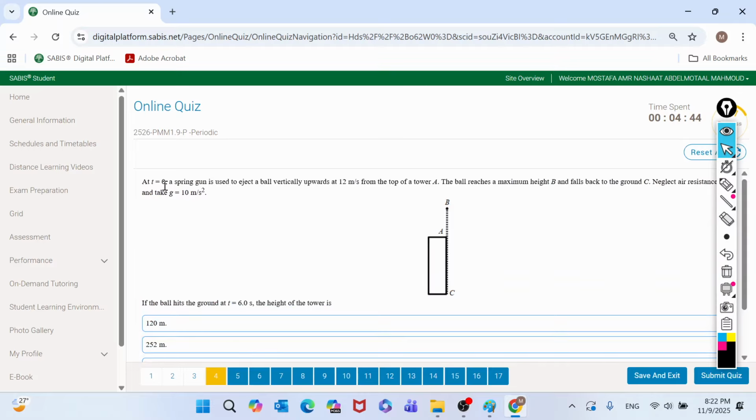Okay, at t equals 0, a spring gun is used to eject a ball vertically upwards at 12 meters per second from the top of a tower A. The ball reaches a maximum height B and falls back to the ground C. Neglect air resistance and take g equals 10 meters per second squared. Okay, so here it's going to be the UAR formula, but it's free fall.